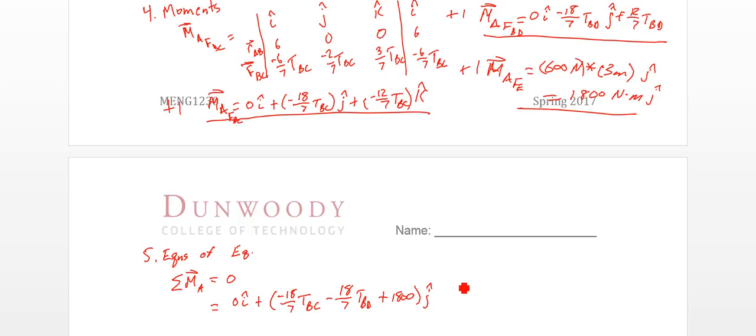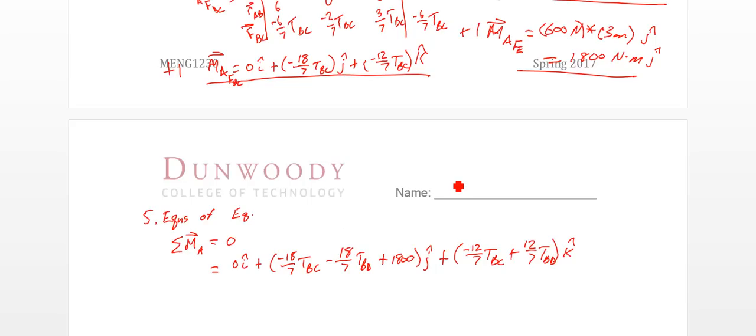And then in k, what do we have? We have -12/7 tension BC plus 12/7 tension BD and nothing. So -12/7 tension BC plus 12/7 tension BD in k.